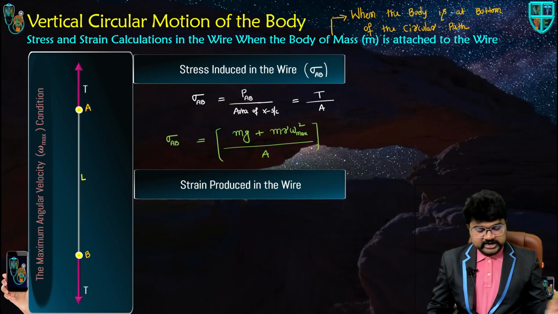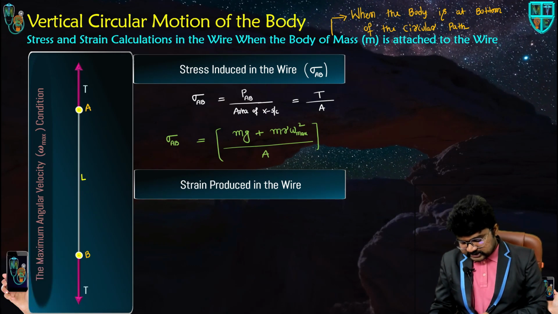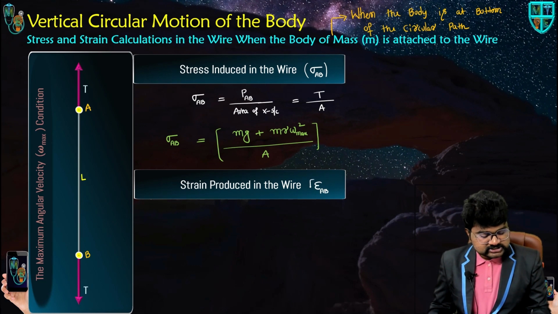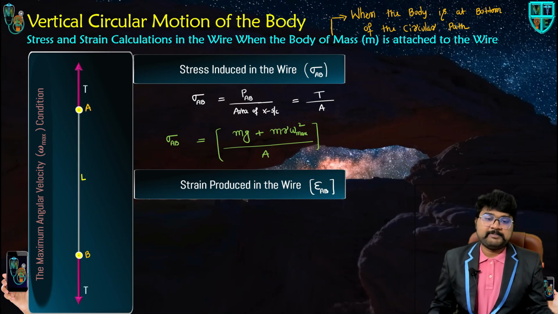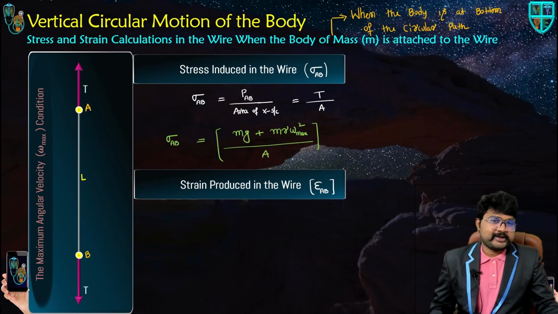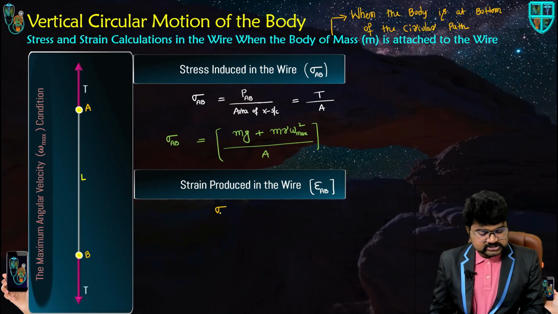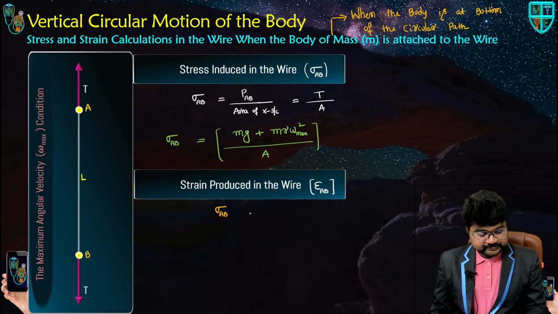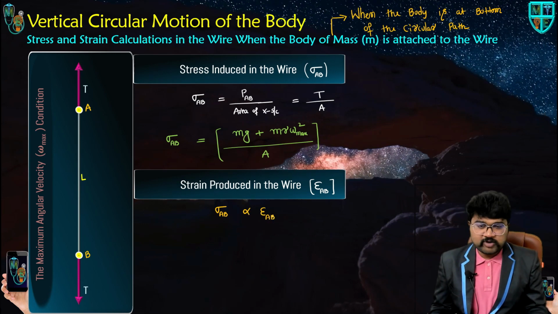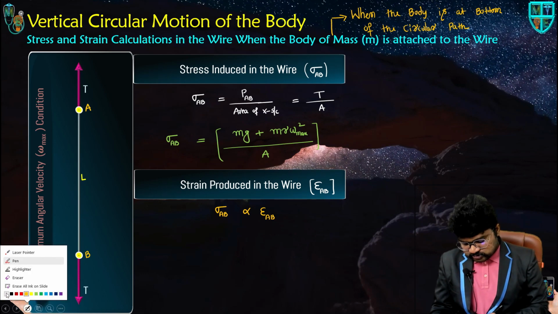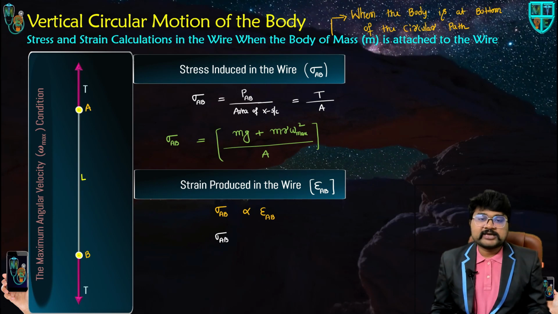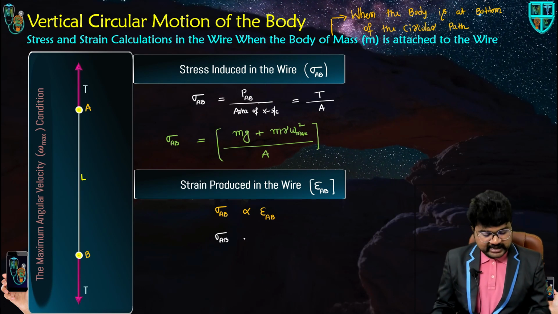Now we need to calculate the strain produced in the wire. What is the strain produced in the wire? Epsilon AB, strain produced in the wire AB. Understood? So now what is Hooke's law? We already know that stress induced in the wire AB is directly proportional to strain produced in the wire AB. Here we remove the proportionality and introduce the proportionality constant, Young's modulus E of the material of the wire.